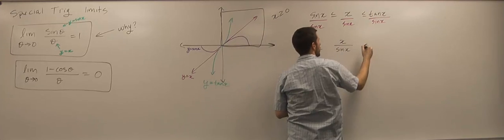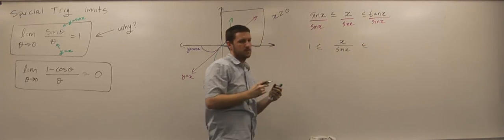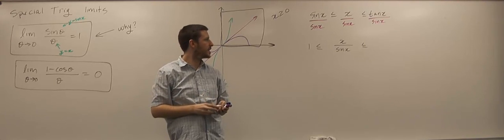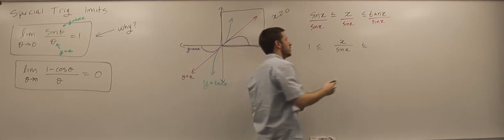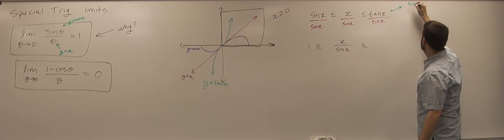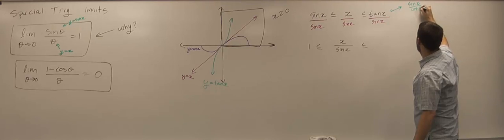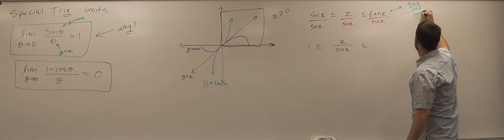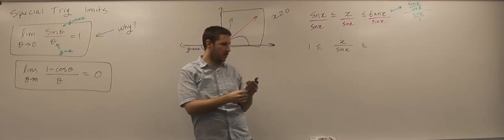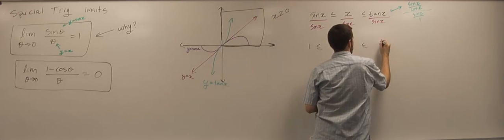What about tangent over sine x? 1 over cosine x, or secant x, right? How'd you get that? Tangent is sine over cosine. So if you take sine x over cos x and you divide out the sine, you flip it up and the sines cancel. So you get 1 over cosine, or secant.